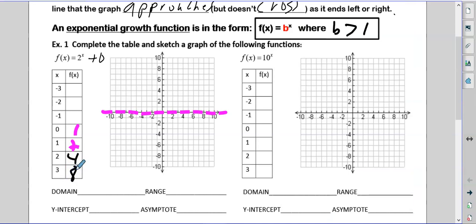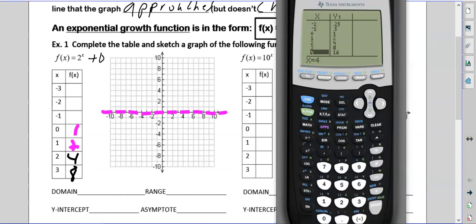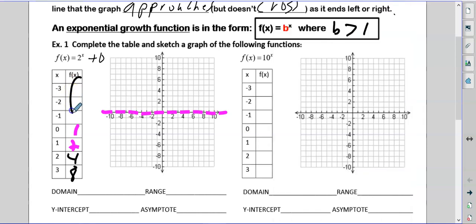Now, I'm not going to expect you to fill in the table all these smaller numbers as they get closer to decimals. That's fine. You don't have to fill all this in. No big deal. As long as you get 0, 1, 2, 4, and 3, 8. And then you get the idea that this is going to basically come down like this and just ride out along this fence, never crossing, never touching. And that's it, pretty much, for the graph.